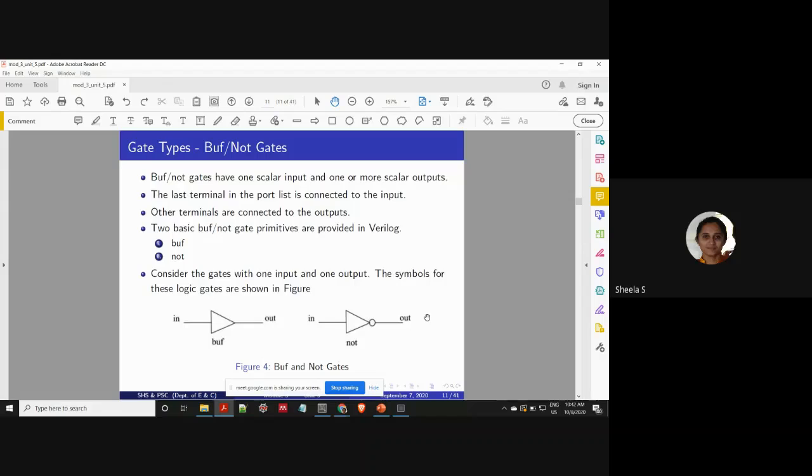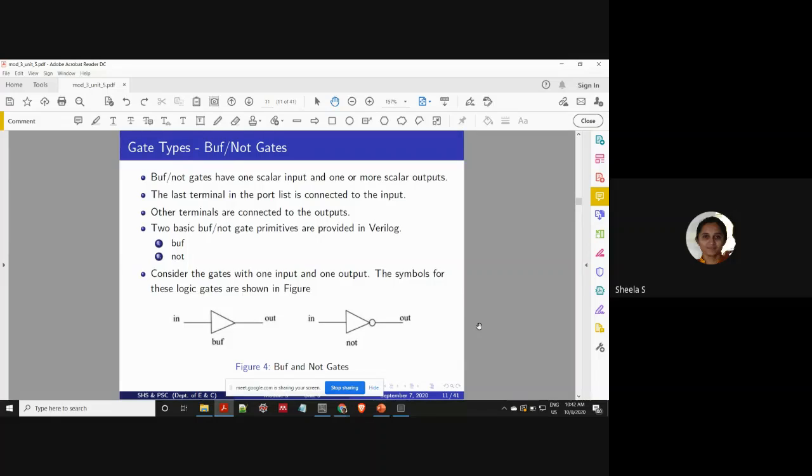So these buffers are different from AND and OR gates, because for AND and OR gates we have only one output, but for buffers or the NOT gate we have only one input. That is the difference. For AND and OR gates we can have n number of inputs, and for buffers we can have more than one output.